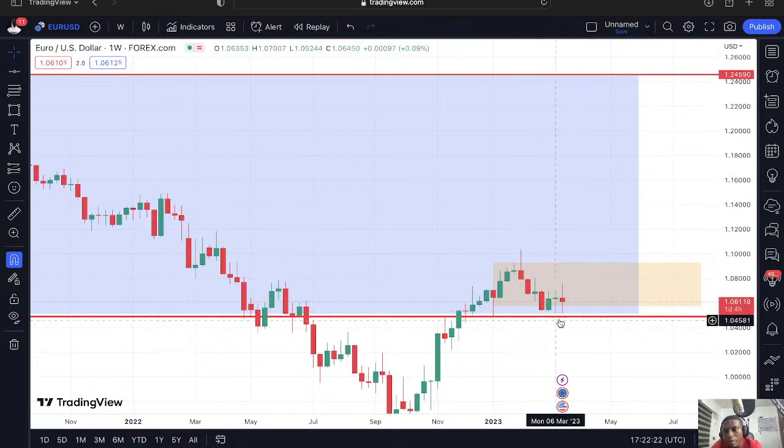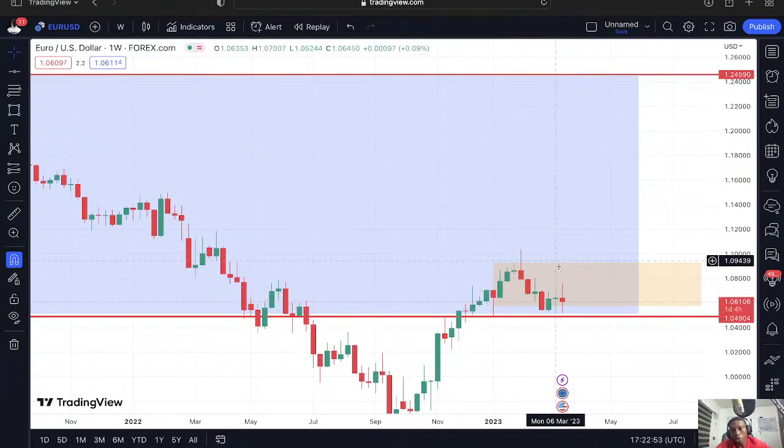We can see buy pressure coming in at this level. Now, seeing buy pressure coming in at this level, you want to reposition yourself.